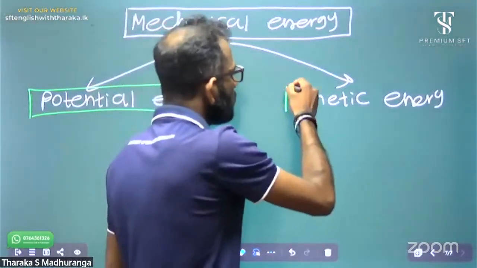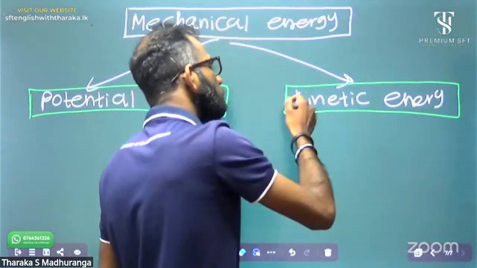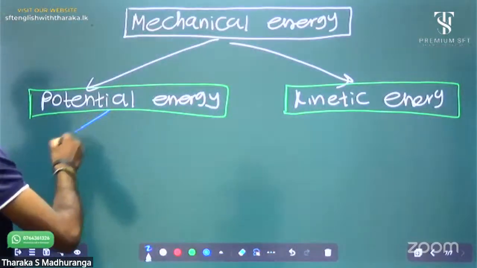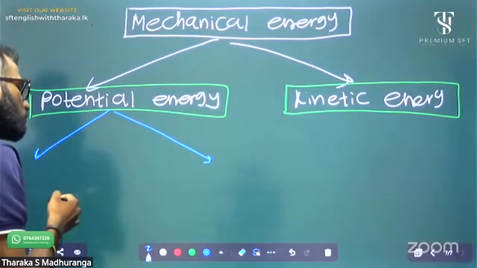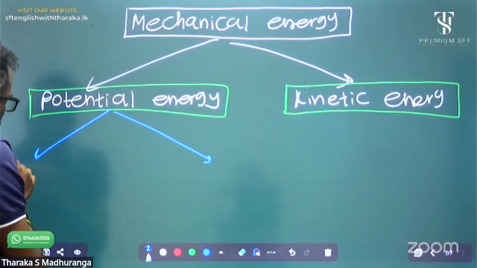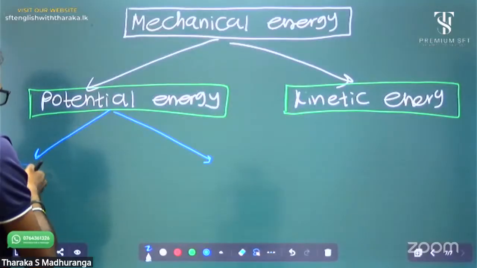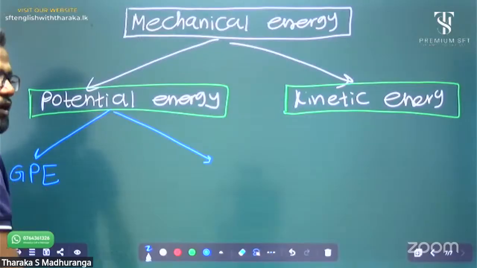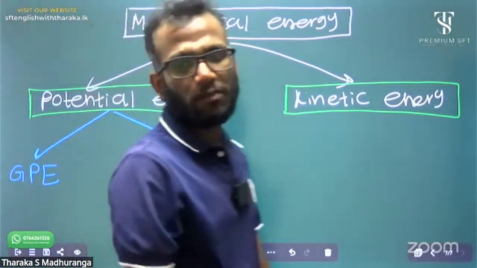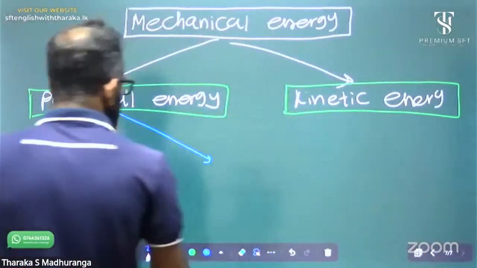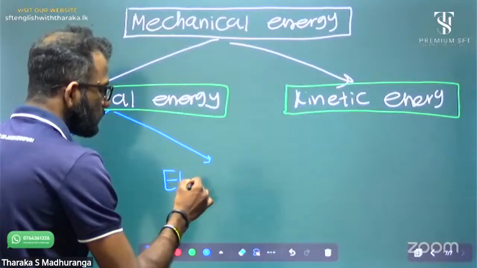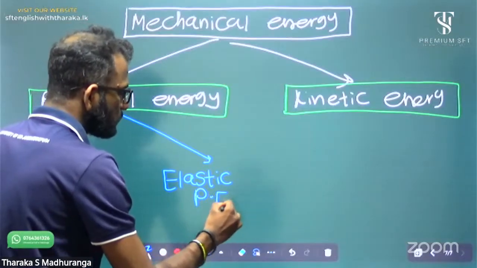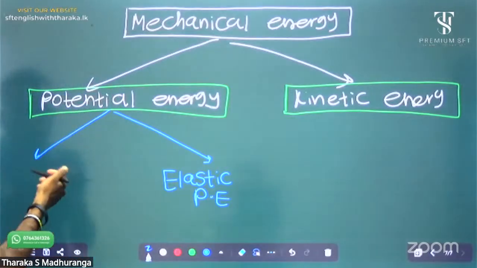Kinetic energy is the energy stored in an object due to its motion. Potential energy has two types: gravitational potential energy, GPE, and elastic potential energy. I'm writing in short form.